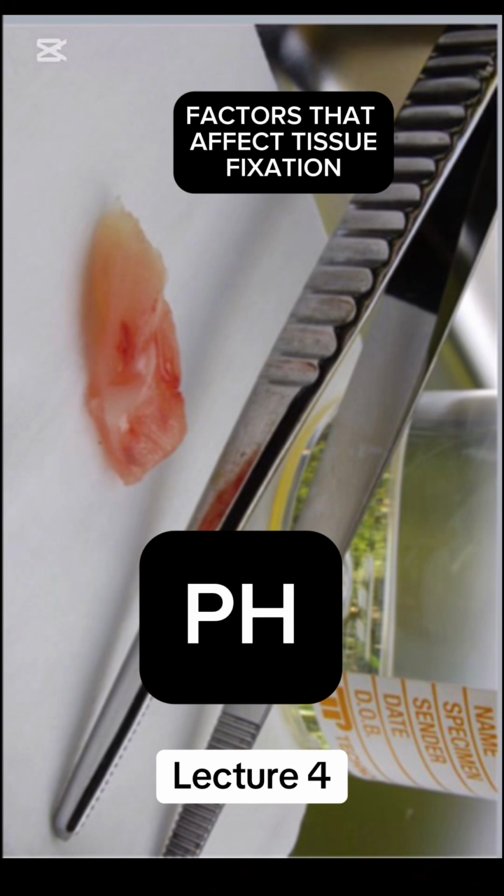There are common buffers that are used, for example, phosphate buffer with pH between 7.2 to 7.4, commonly used in formalin. Hence, we usually have neutral buffered formalin, the commonly used fixative in histology. This prevents the formation of acidic formalin, which can damage tissues.